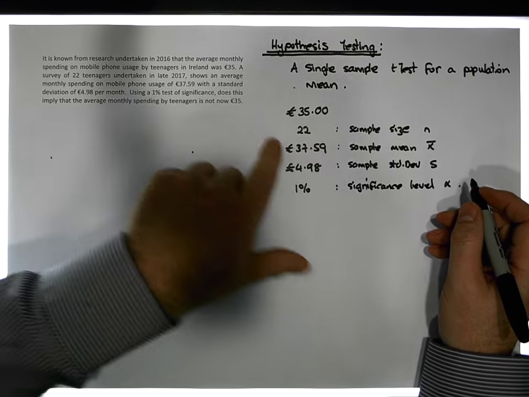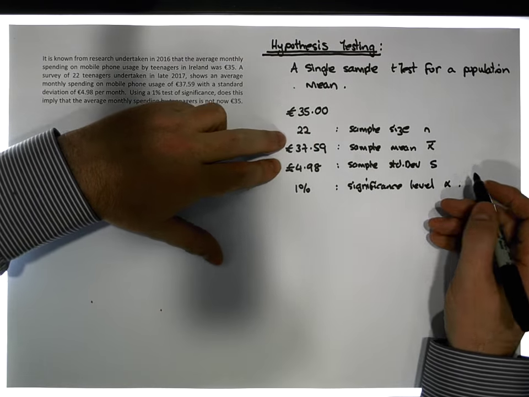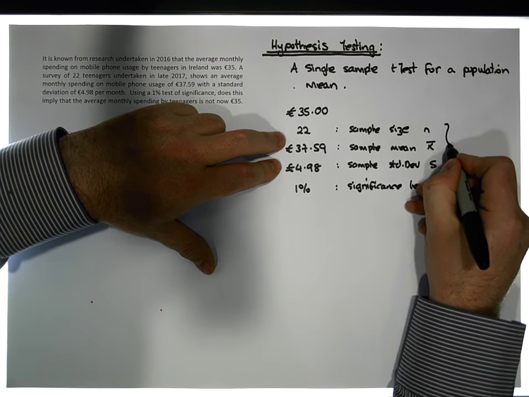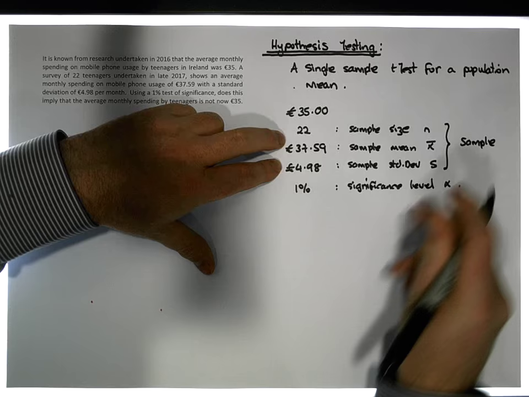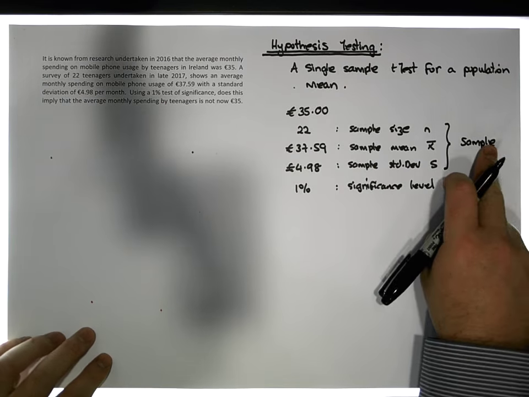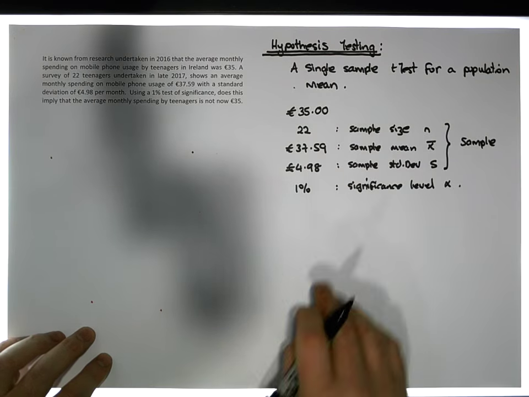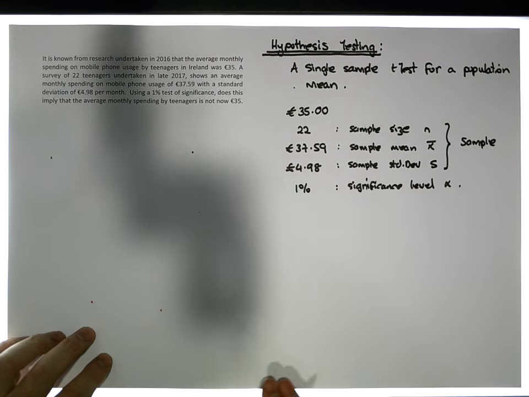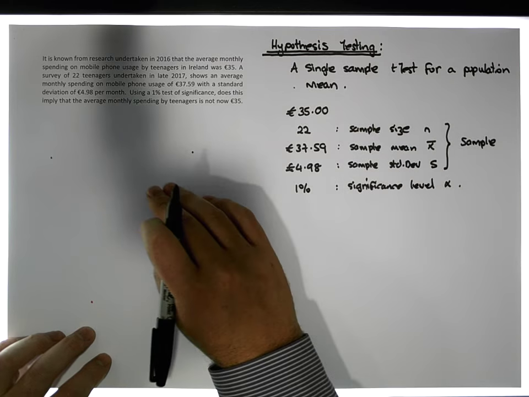The only other information provided was this €35. The key thing to keep in mind is that these three pieces of information are all about the sample. We've been given a sample mean and a sample standard deviation, but only a single sample. So this test must be something to do with a single sample. From a single sample, can we infer something about some population parameter?